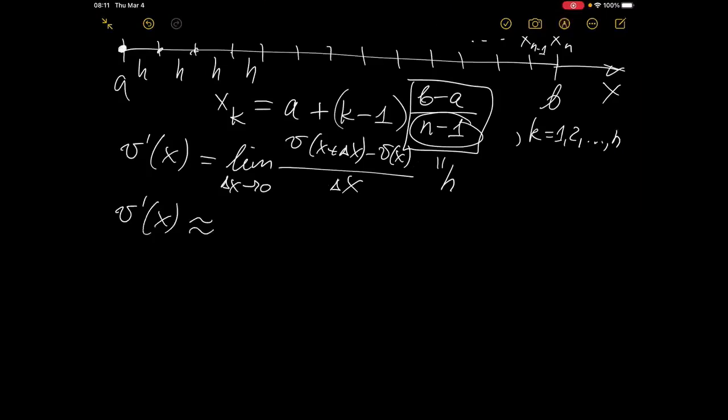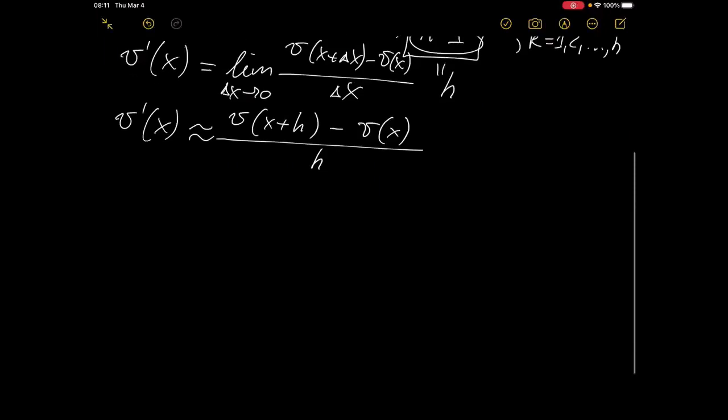We will study it later at the end of the course: what does it mean, fine enough, and how to control the error. And we just approximately replace our derivative by the following ratio.